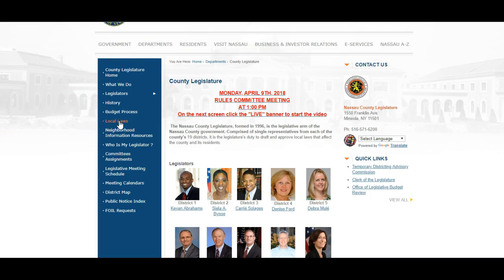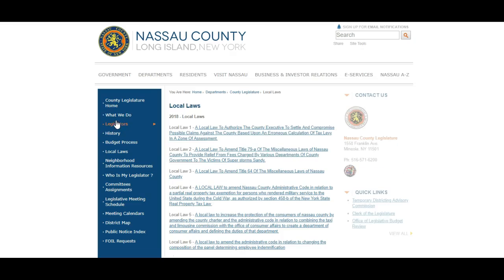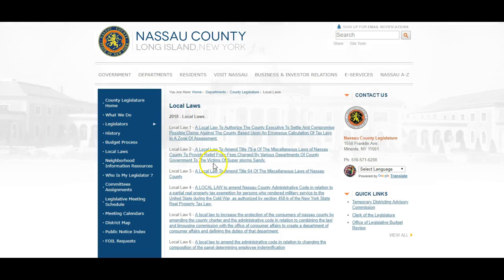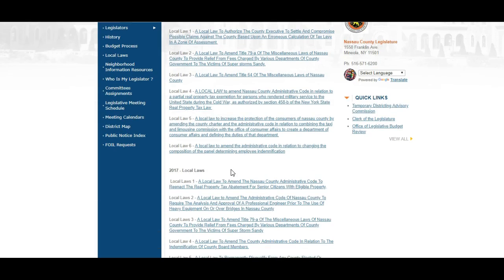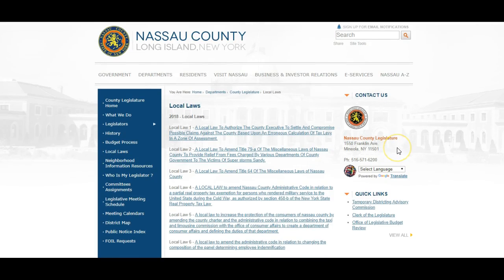And the local laws, again, are like the session laws. So here for 2018, just, again, chronological. So we have our date, 2018, local law number 1. The first one passed in 2018 to authorize the county executive to settle and compromise possible claims in relation to real property tax exemption. So again, just daily stuff that affects living in a particular jurisdiction, in a particular town.